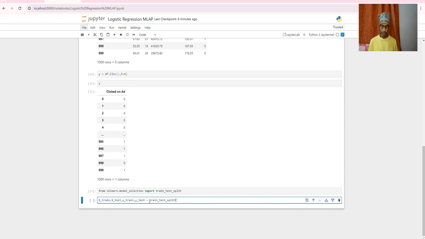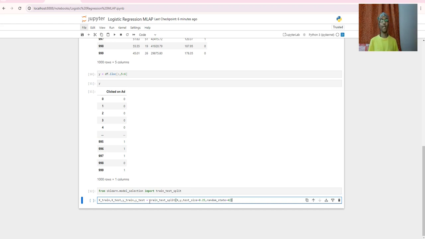We split it by using X and y. Test size is 25% or 0.25, and we add something called a random state and put, say, 42 here.